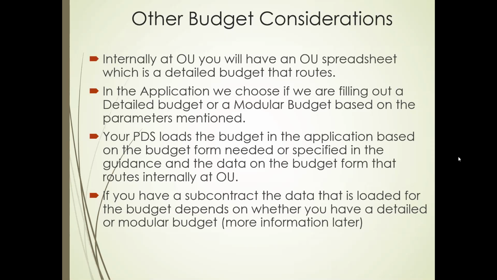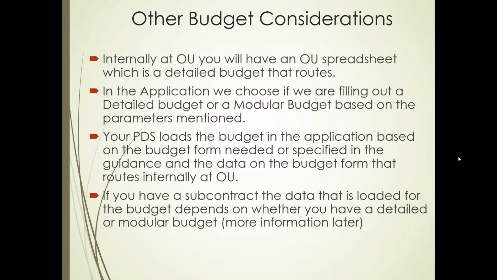If on the other hand you have a detailed budget and you have a subcontract, then your subcontract also has to provide a detailed budget for us to upload. And it goes on a special R&R form that they have to give to us, because if they don't give us that form, then we have to manually load it, which is quite labor intensive, because each one form page of the budget takes 4 pages of entries to put it onto the NIH form.